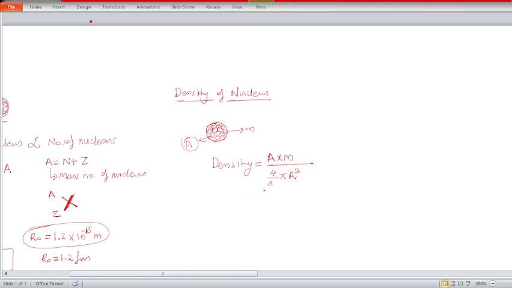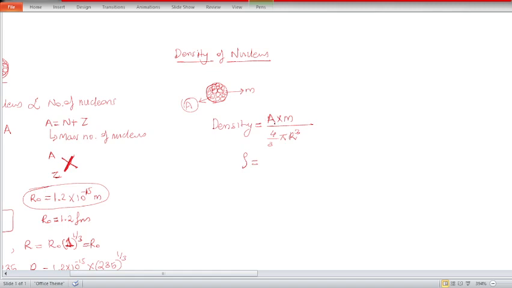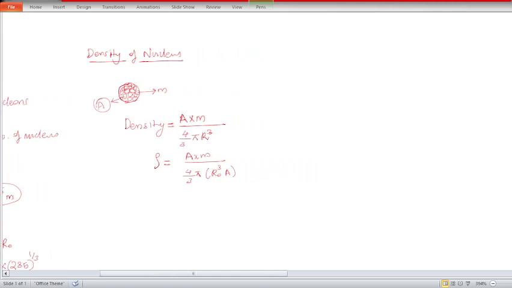Then you can write this density, which we represent with rho, as A times m divided by 4 by 3 pi r cube, and this r cube is nothing but r0 cube into A, because r equals r0 A raised to 1 by 3.